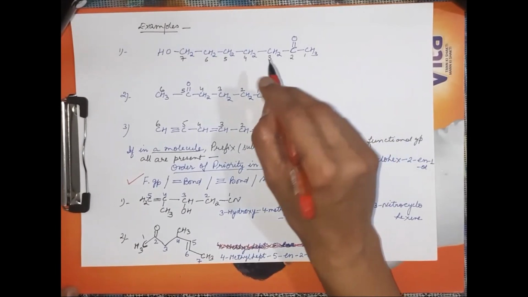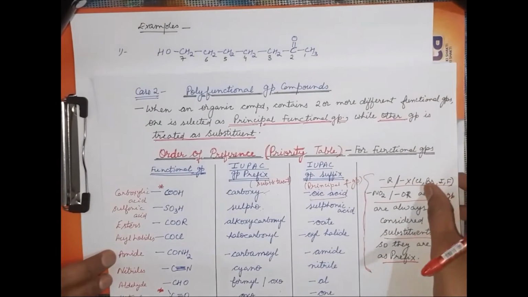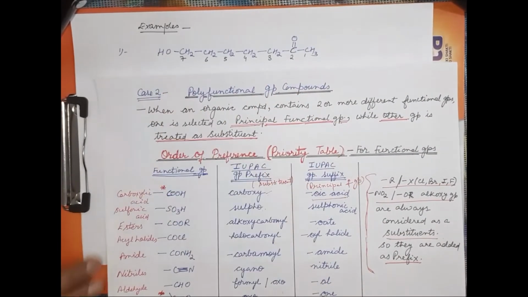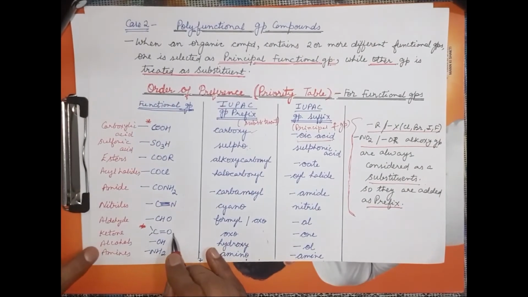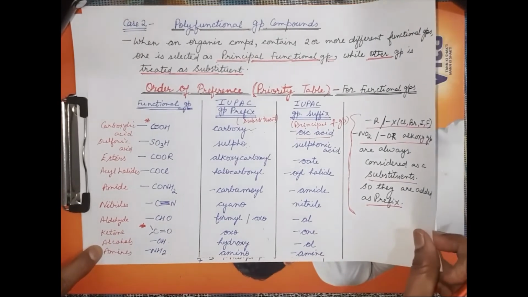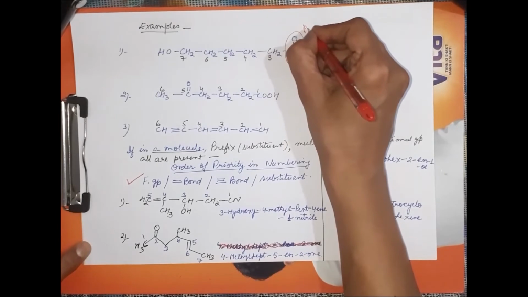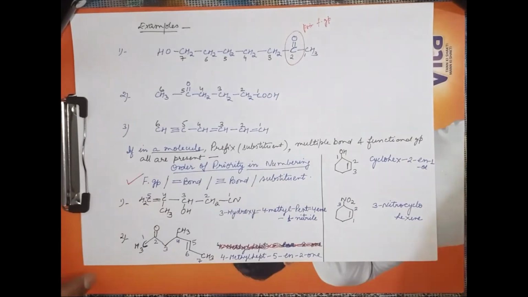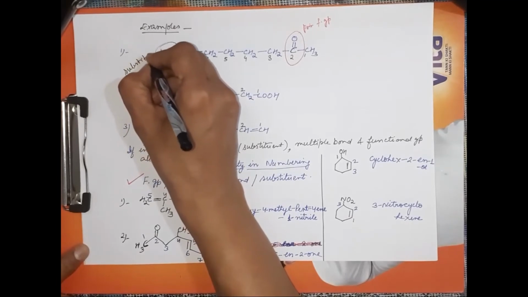We have just studied that the position of the carbonyl group is above the hydroxyl group. So we will take the carbonyl group as the principal functional group, and this OH group will be the substituent.